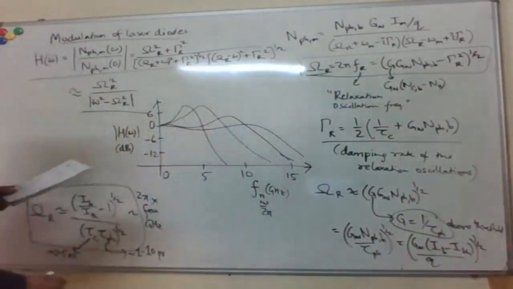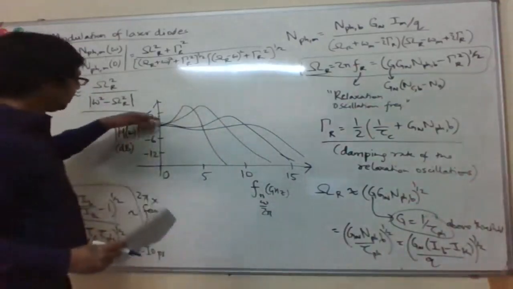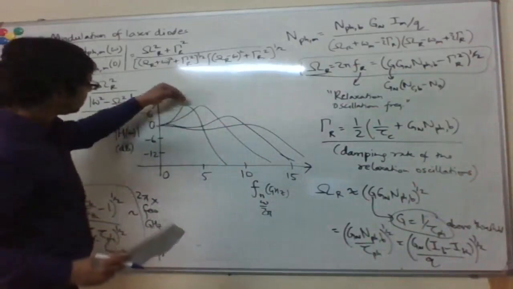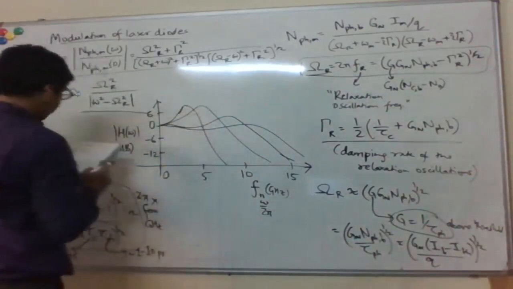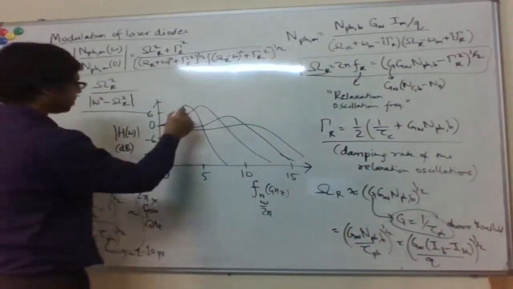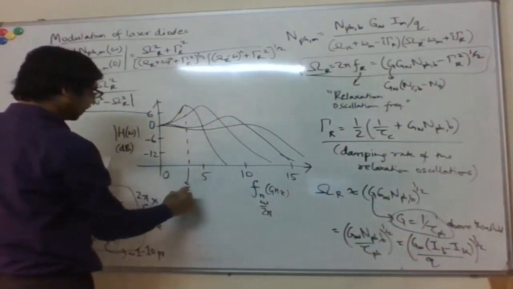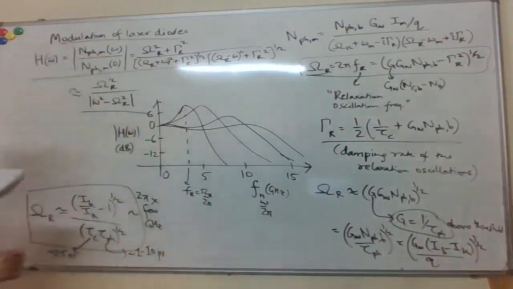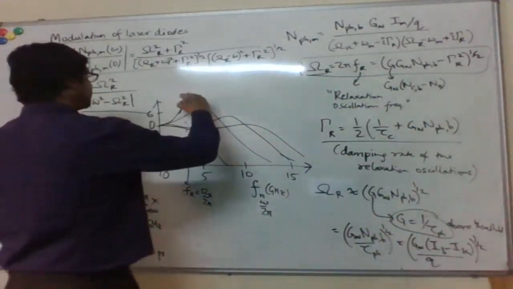You can see the transfer function first peaks, and this peaking is happening basically at the relaxation oscillation frequency. So this peak occurs at basically FR.